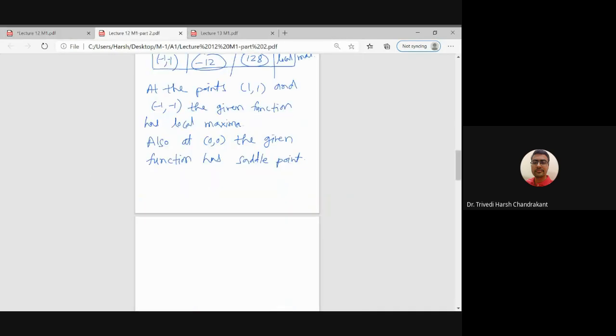So let us observe this. What is our function? Our given function is f(x, y) = 4xy - x^4 - y^4.